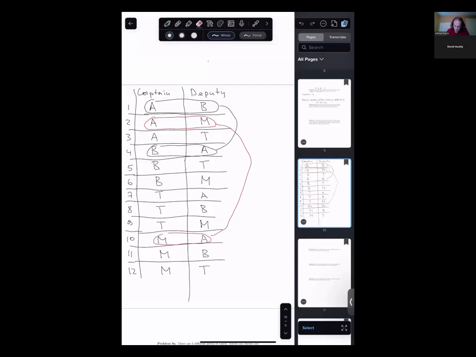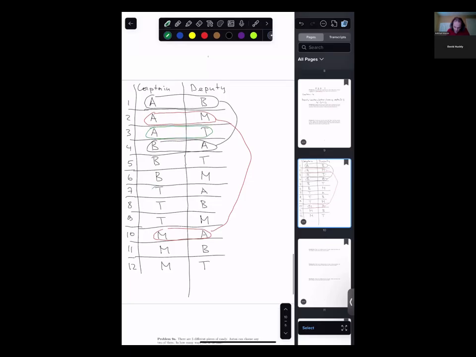Number 3 is the same as number 7. Number 5 is the same as number 8. Number 6 is the same as number 11. Finally, number 9 is the same as number 12.